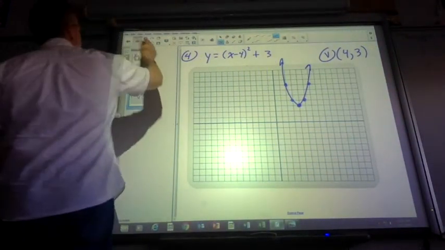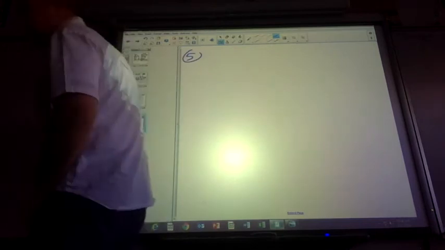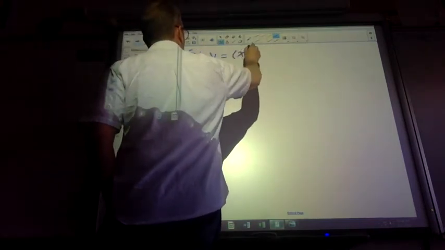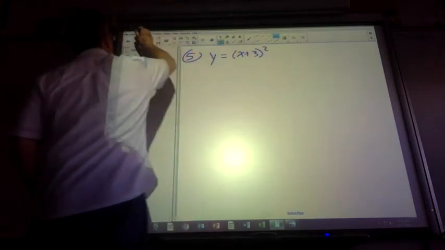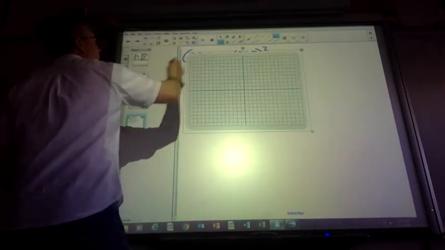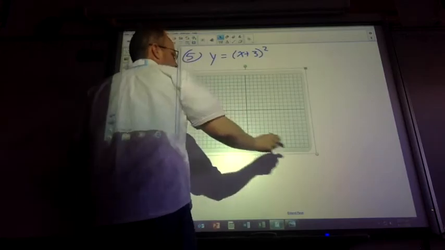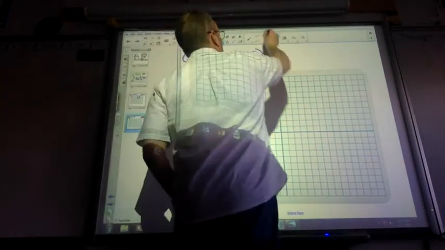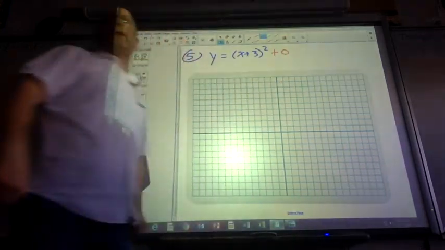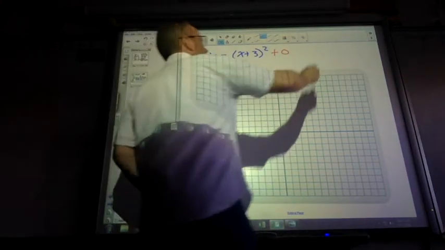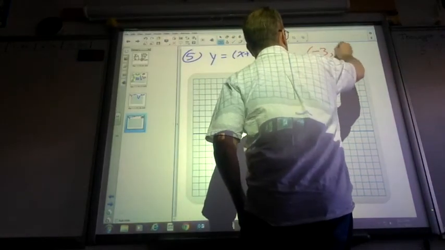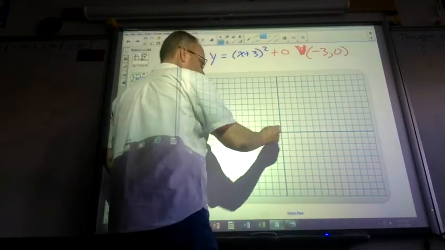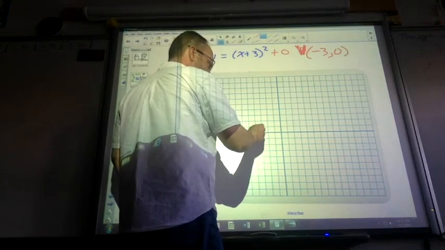Number 5. y equals x plus 3 quantity squared. So I could write that plus 0, and this is in vertex form. That gives me negative 3 comma 0 for the vertex. So negative 3, 0 is right here.